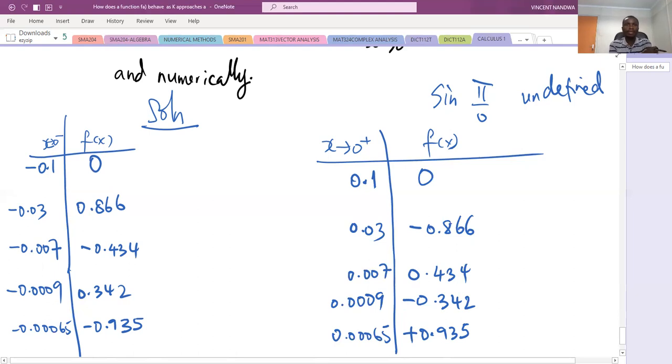So you see, you can't actually predict that the values of f of x, as you move closer and closer to 0, are approaching any given value. These values are oscillating.